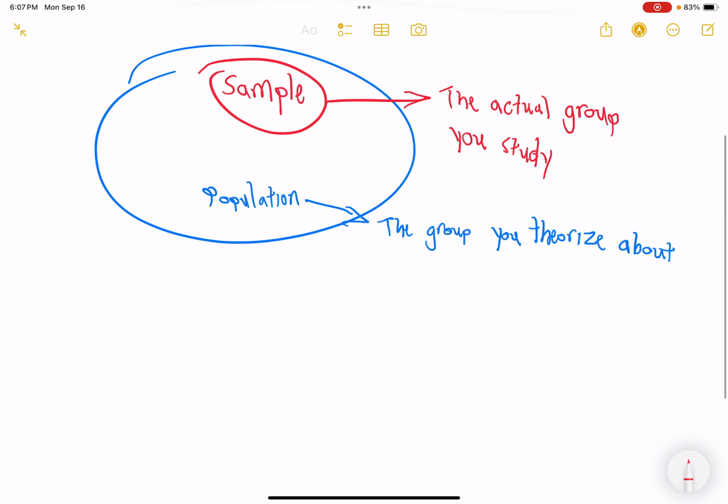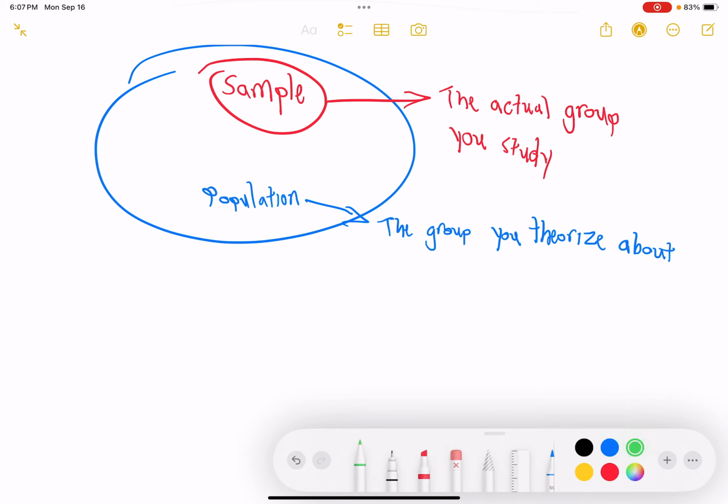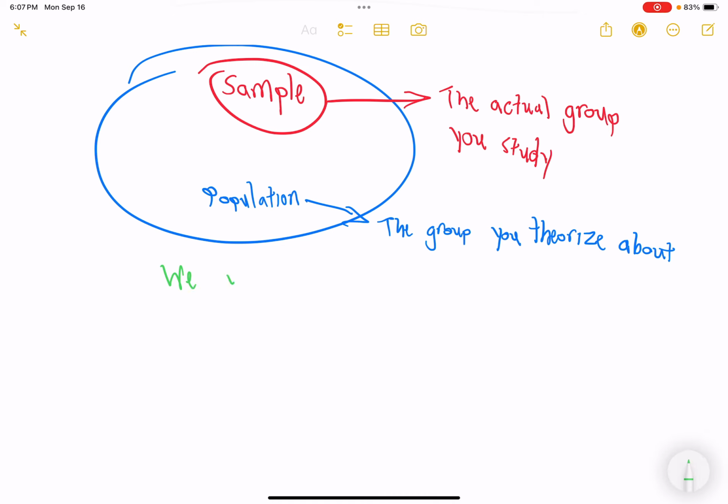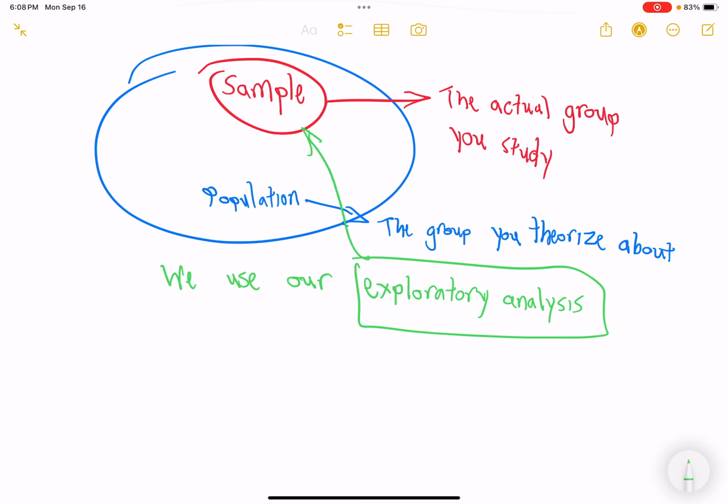And the important thing to recognize here is that we use what we call exploratory analysis, I should say, which is basically our analysis of the sample to make inferences about the population.